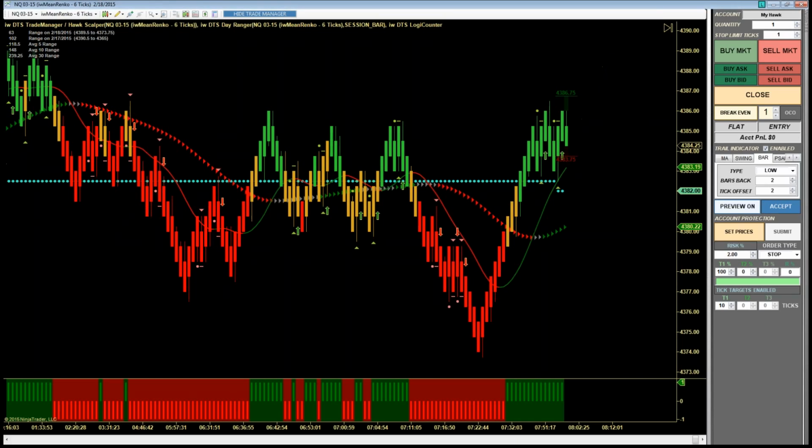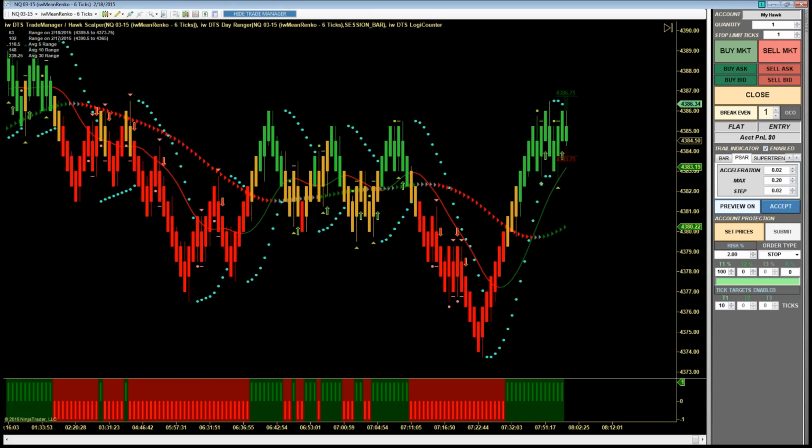With the bar high low, we could get a little bit more aggressive, and it will run our stops very, very tight and actually get us out on the first sign of a reversal. Okay, so that's the bar high low strategy.